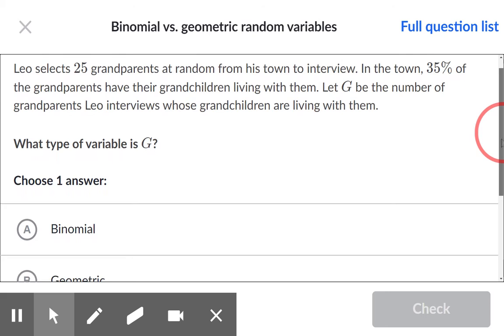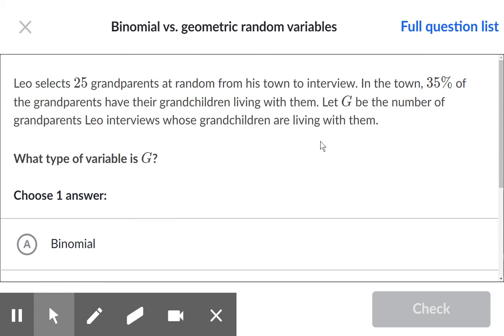Here there are binary outcomes: whether the grandchildren live with the grandparents Leo interviews or don't live with them. So the B is satisfied. For I, I'm a bit curious.